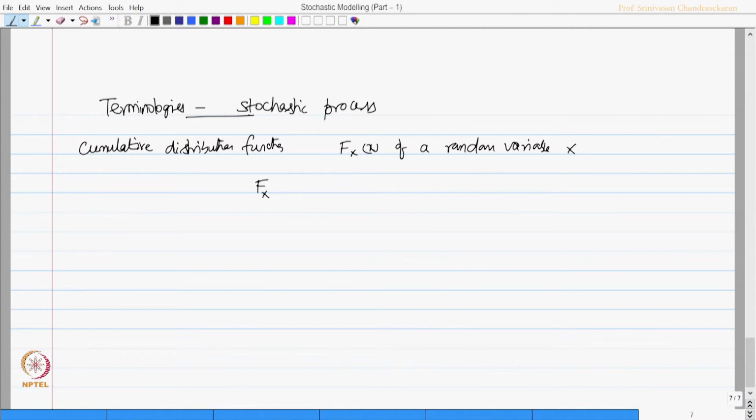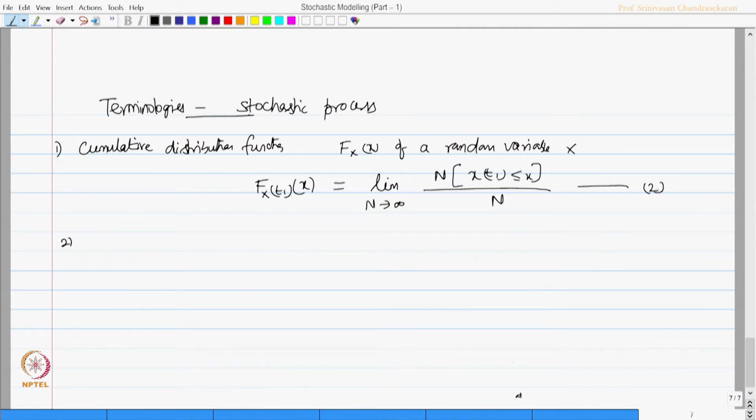F of x of t1 of x is actually expressed as limit n tends to infinity of n of x t1 less than or equal to x by n. I call this equation number 2.